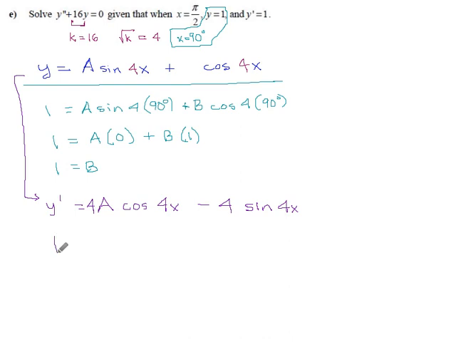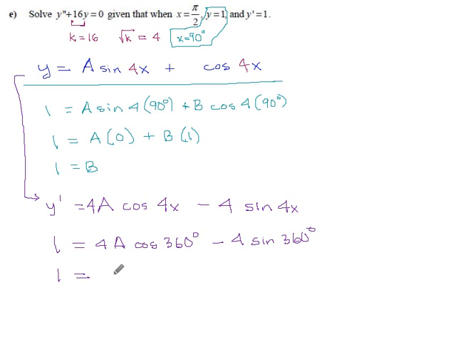So the derivative is 1. We get 4 big A cosine 4 times 90 degrees minus 4 times the sine of 4 times 90 degrees. Going a little faster because we've done this before. 1 equals, 360 is like 0 degrees.